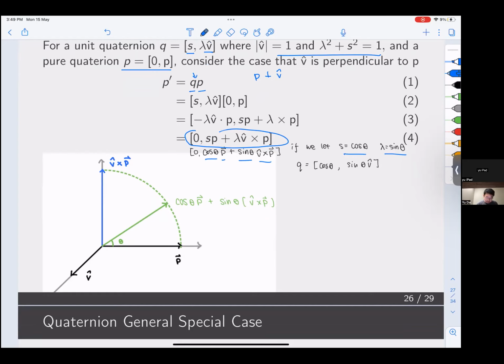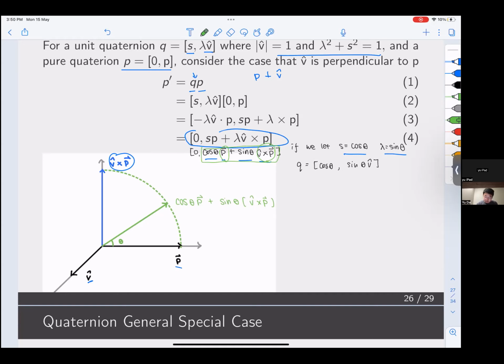We have V, the vector part of the unit quaternion, and P, the pure quaternion. They are perpendicular to each other, and their cross product, V cross P, is perpendicular to both of them. In the end, the resulting vector has a component in P and V cross P.